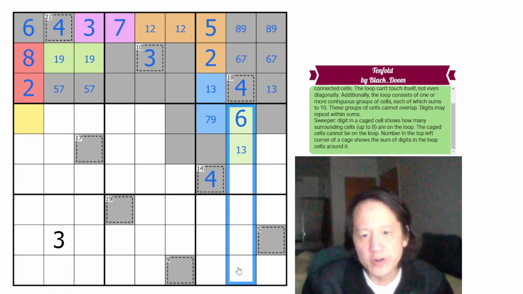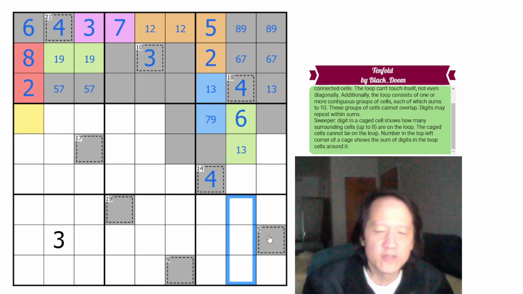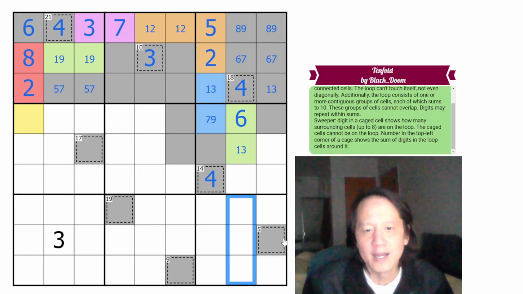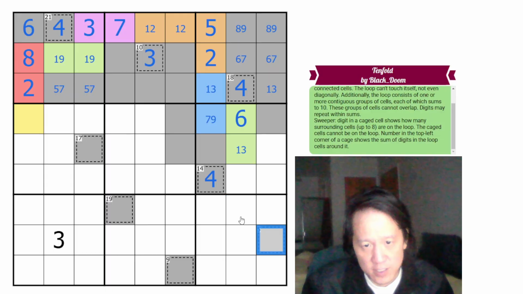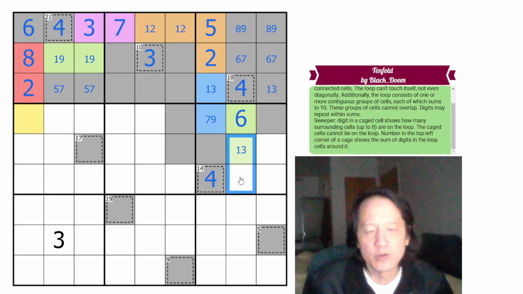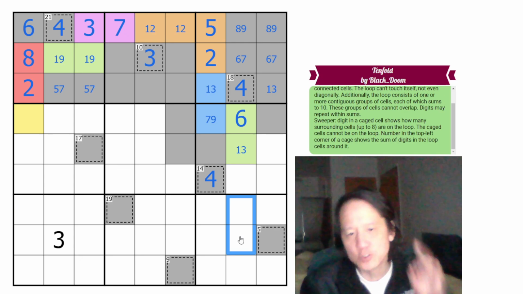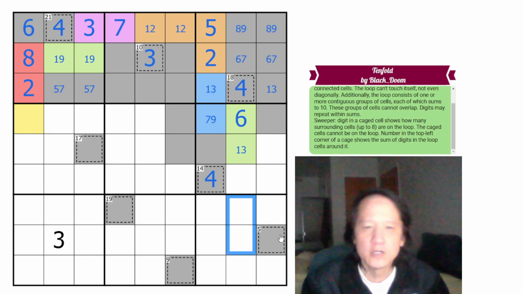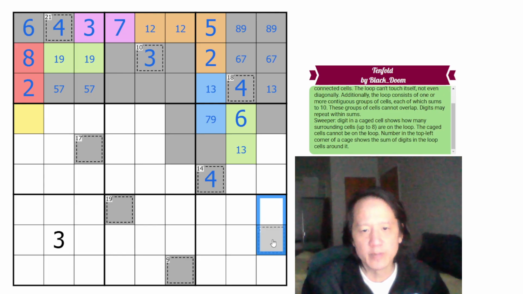So we tried going all the way here. That doesn't work because this 5 means that these 3 digits would have to add up to 5, which is not possible because you need a 1, 2, and 3 at least, which adds up to 6. It cannot be these two because if it goes down here and then just goes here, this would be 1, 3, 1, 3. And therefore, this can't be 1, 3, or 4, so the minimum is 2 and 5 in these two cells, which adds up to 7, which is not possible for this.